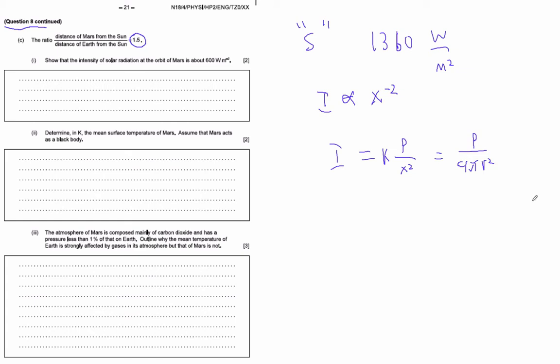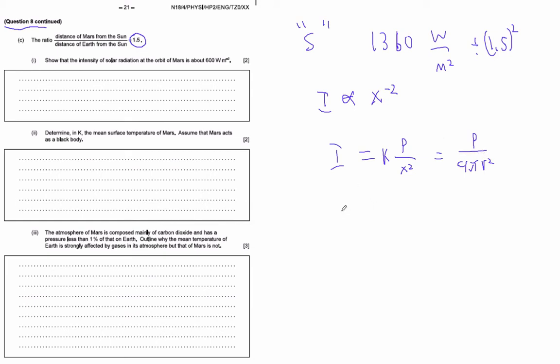So then we get one of these tricky questions: if we increase the distance by 1.5, how does that work? The short answer, if you're just waiting for me to tell you, is you just divide by 1.5 squared. I'm just trying to explain how you can get at that.